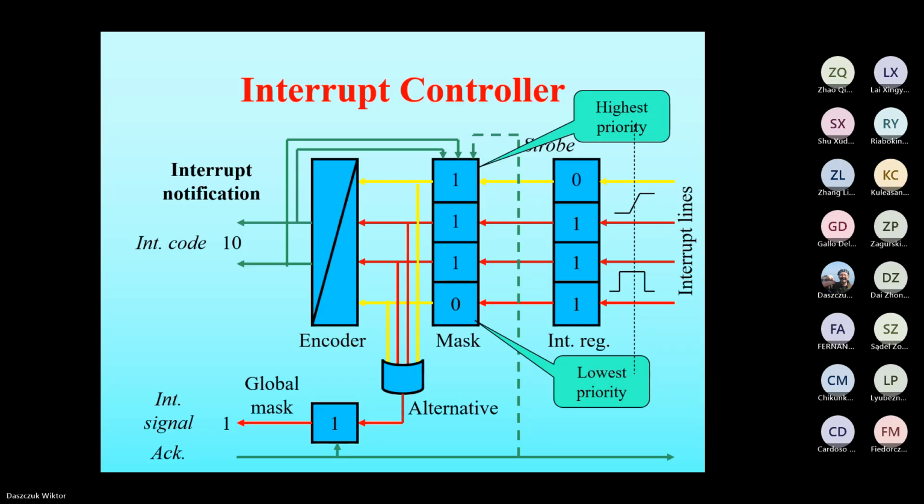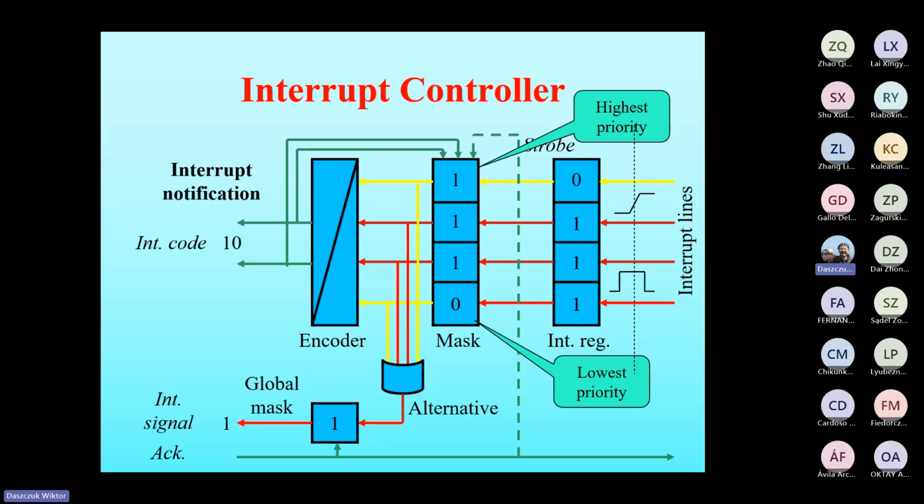Mask ANDs active states of interrupt lines with internal value. So those 2 are allowed to go through the mask. This one is not allowed because it is 0 here. Only those 2 can be accepted.